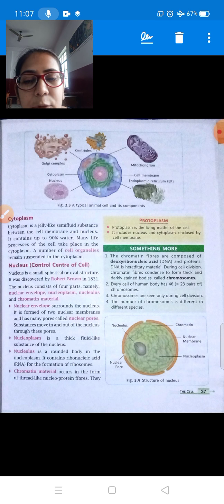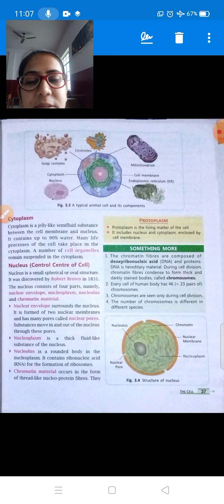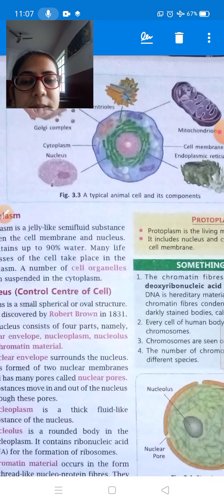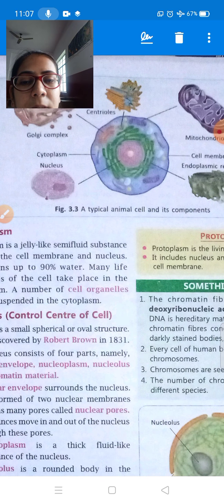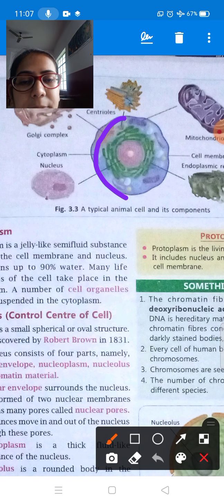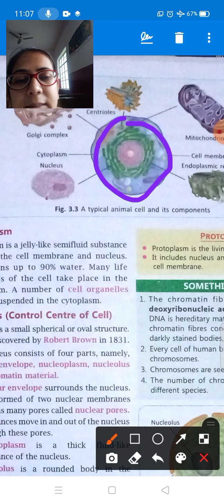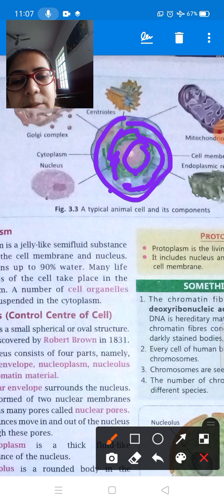Now the third is cytoplasm. Students, cytoplasm is a jelly-like semi-fluid substance between the cell membrane and nucleus. You can see in this cell, this is the cell membrane, and this pinkish structure is the nucleus. Between the cell membrane and nucleus, a jelly-like semi-liquid substance is present.